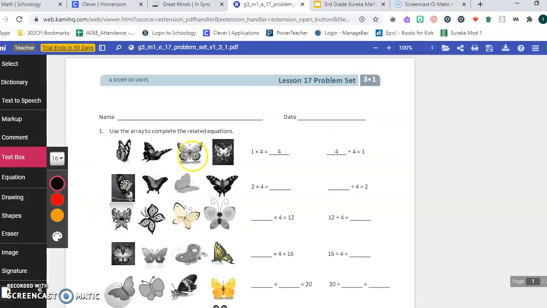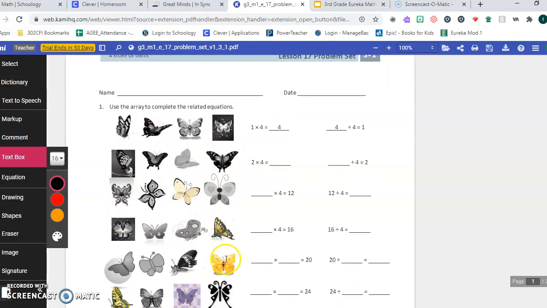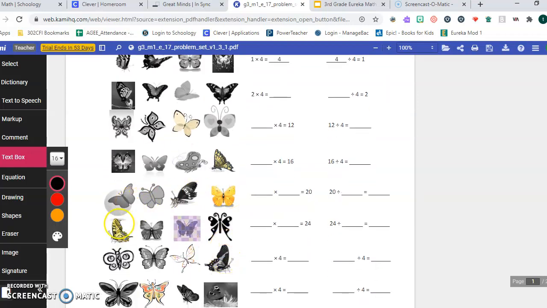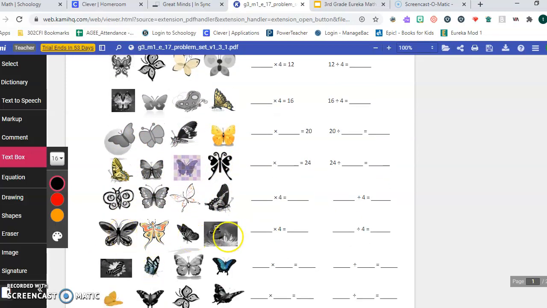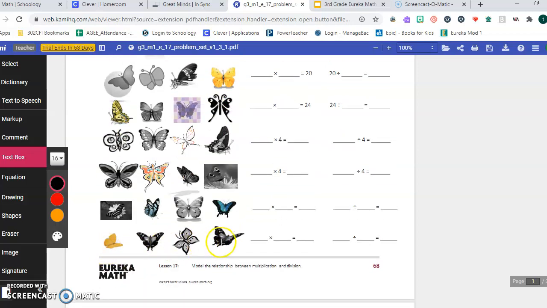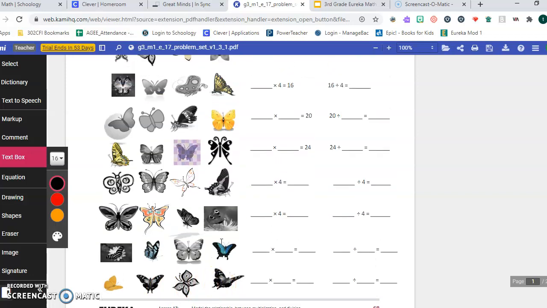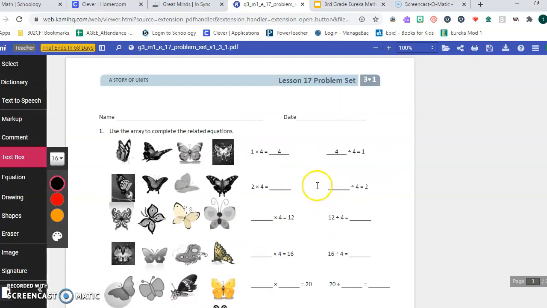So we've got 4, 8, 12, 16, 20, 24, 28, 32, 36, 40. So they go through the first 10 multiples of 4 and they give you the first one.